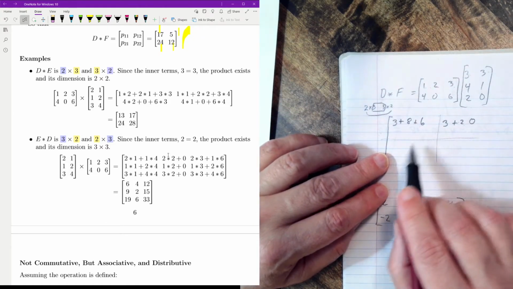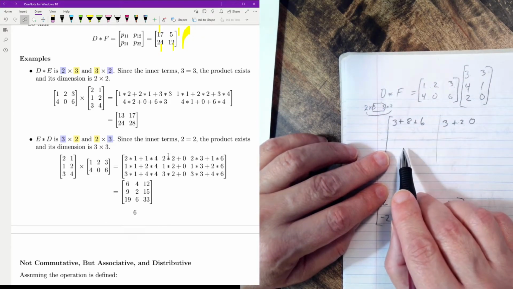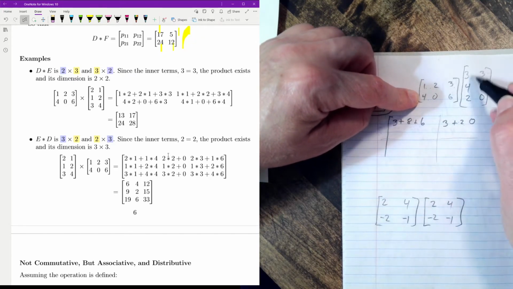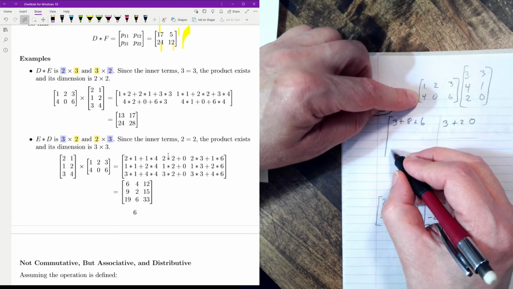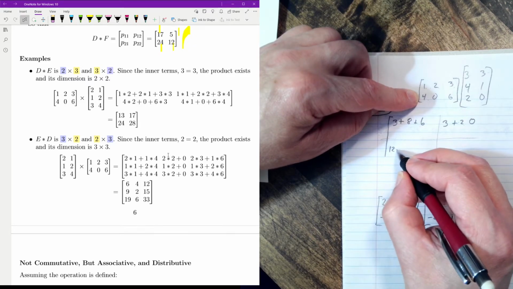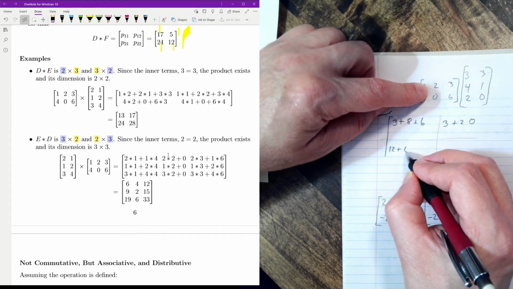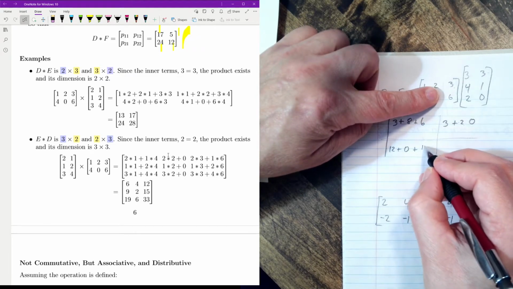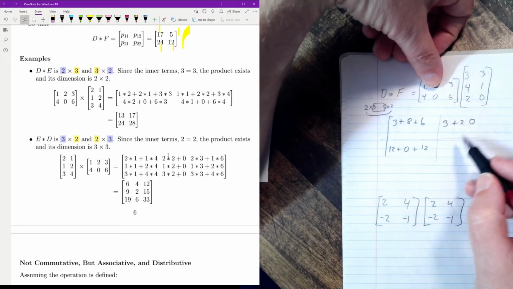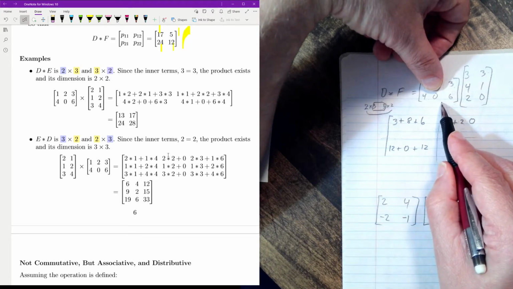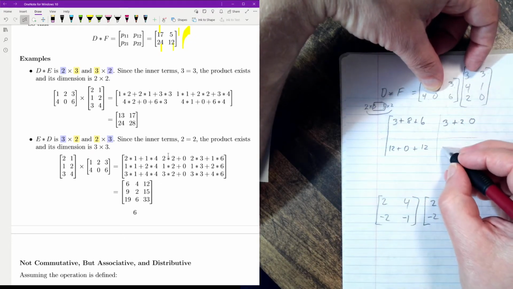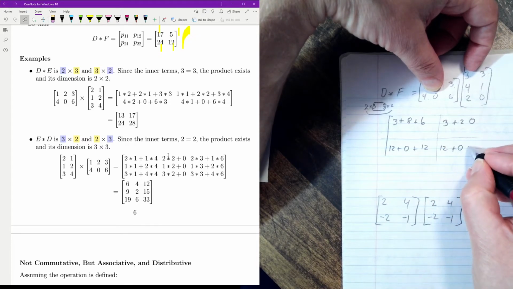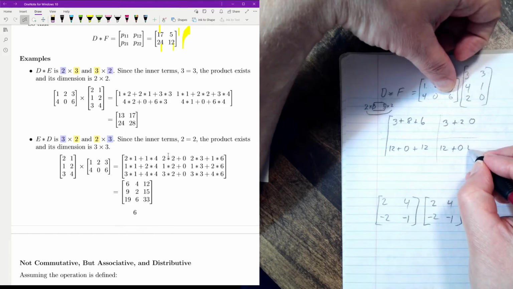Going down to the next quadrant, the row is the second row, the column is the first column. So it's 4 times 3, which is 12, plus 0, plus 6 times 2, which is 12. And finally, the second row, the second column, which is 4 times 3, 12, plus 0, plus 0.